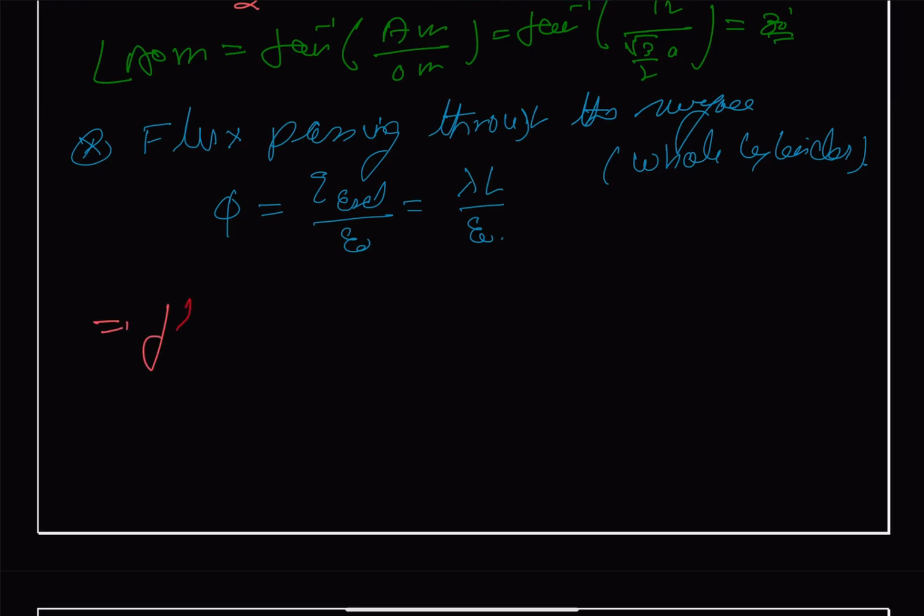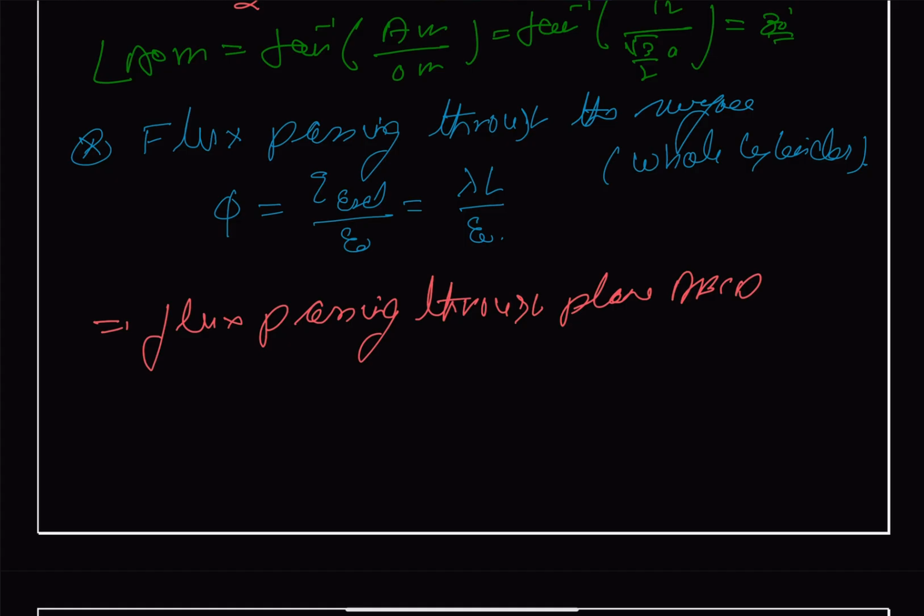We can say the flux passing through plane ABCD, which we are just representing by side AD, will be equal to the electric flux passing through that one particular face, and that is with respect to our angle of 60 divided by 360, times the total flux phi, which comes as lambda L divided by 6 epsilon naught.